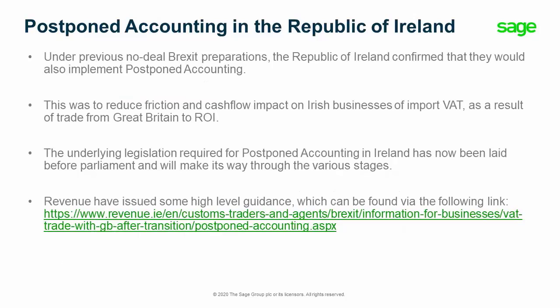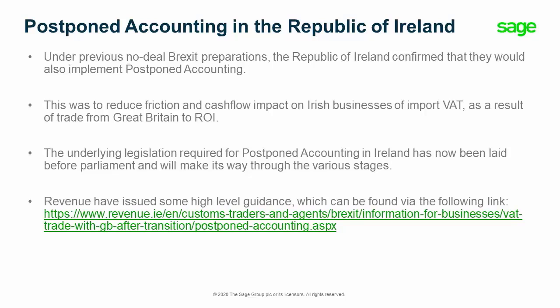We talked about postponed accounting in relation to the UK a little bit earlier, but in terms of the Republic of Ireland, under previous no-deal Brexit preparations, the Republic of Ireland confirmed that they would also implement postponed accounting. And this was to reduce friction and cash flow impact on Irish businesses of import VAT as a result of trade from Great Britain to the Republic of Ireland.